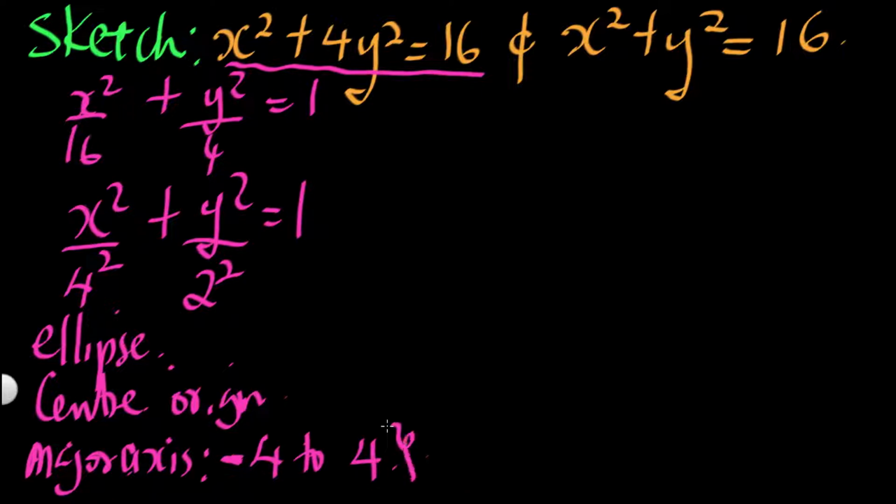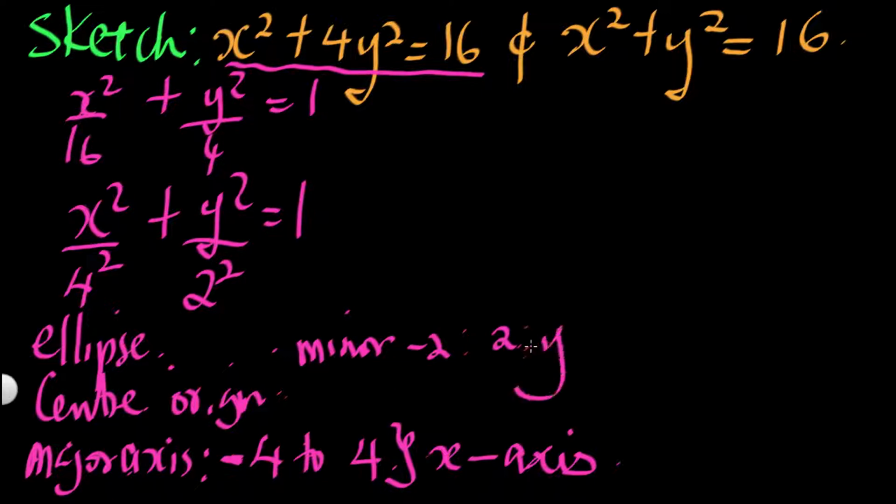The major axis is on the x-axis. The minor axis of this ellipse is from minus 2 to 2, and it is on the y-axis.